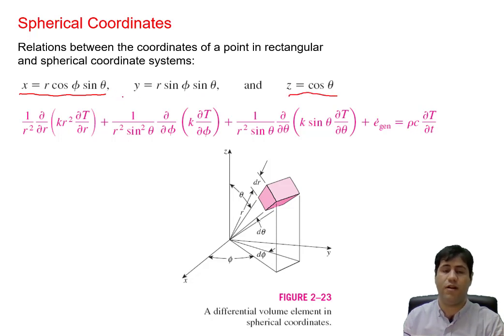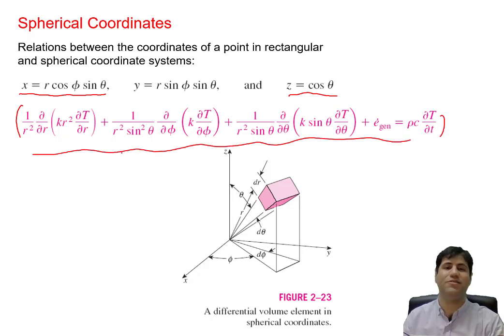If we substitute all of these in that equation, we will reach this very long equation, which actually is outside the content for this chapter. This is just extra information for you, showing that we can develop this equation for three-dimensional heat transfer as well.